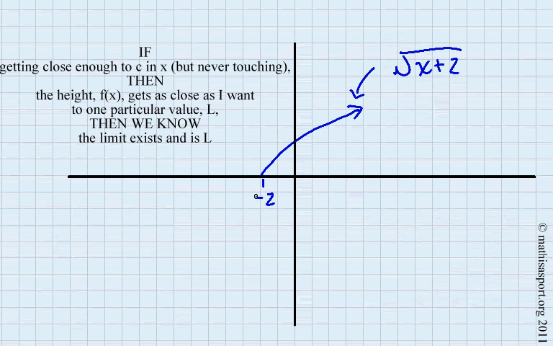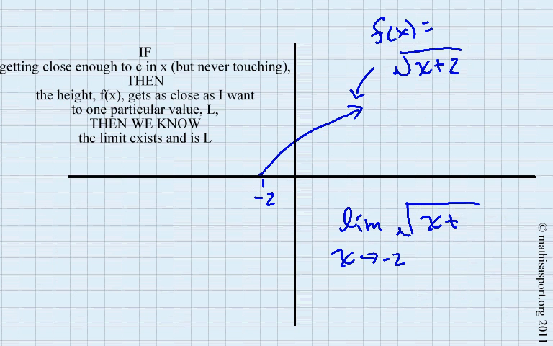Notice that at -2 it terminates. Well, can we even talk about the limit as x approaches -2 of this function? What's the limit as x approaches -2 of the square root of x plus 2 function?